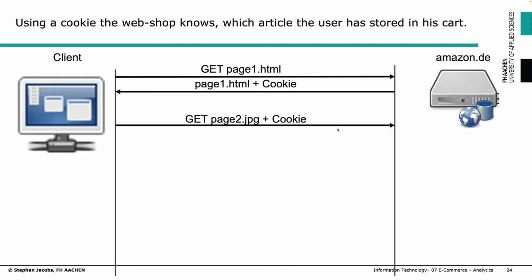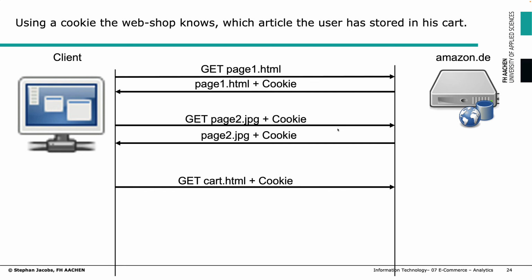So now, for tracking if a certain person is coming back again, not the IP is used, however the cookie. So Amazon answers with page 2, and again it puts a cookie on top. And if something is placed in the cart, again the cookie is put on this request, and now Amazon can remember, hey, I know this person, it's identified by the cookie, and the Amazon server has stored which products have been placed in the cart and can design the web page accordingly.